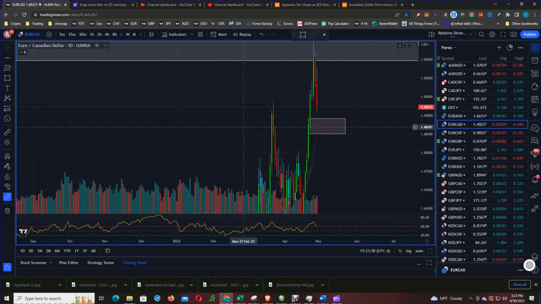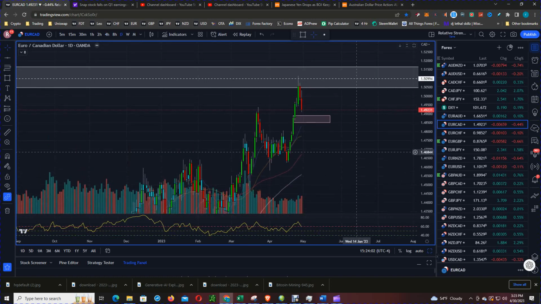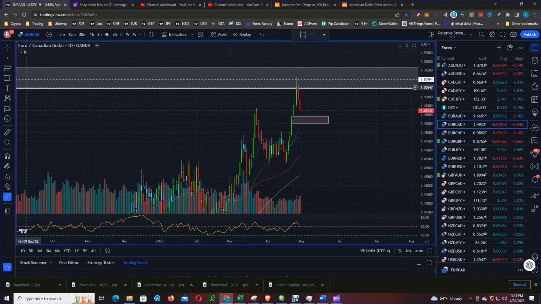Go back to the daily chart. I would prefer if price came down to the 1.48 level, which was previous resistance. However, this level is going to get in the way of price getting down here.